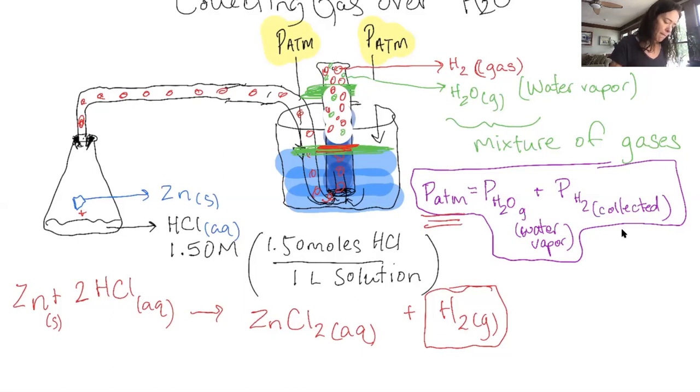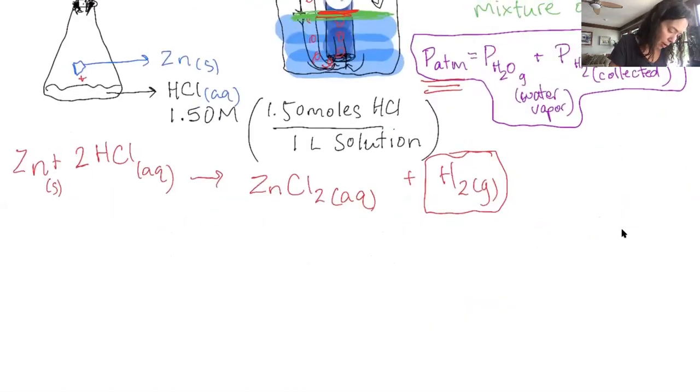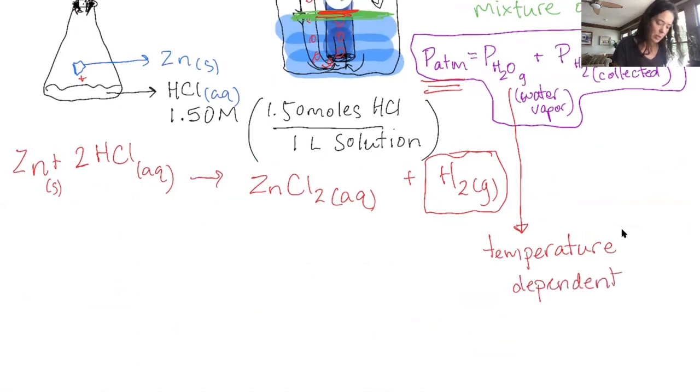Okay, now this pressure of the water vapor is going to be temperature dependent, okay? So it's going to vary based on the temperature that the gas is being collected at, or the temperature of the water. So I would have you measure the temperature of the water in class, all right?